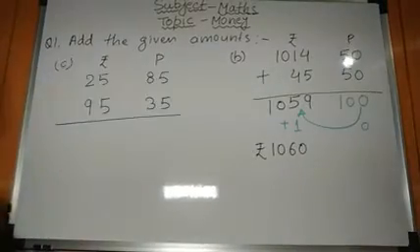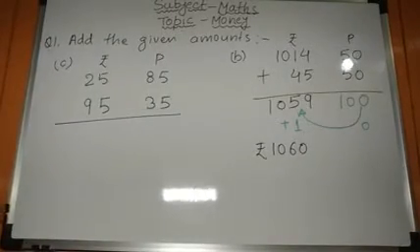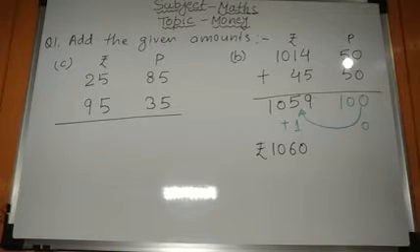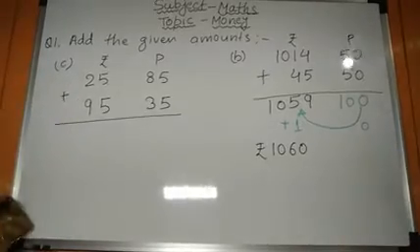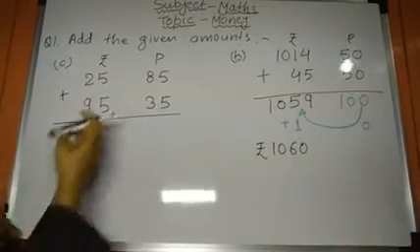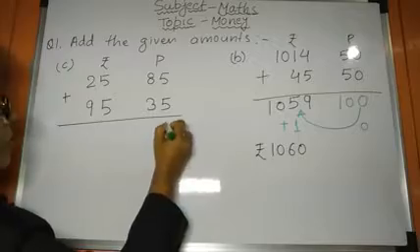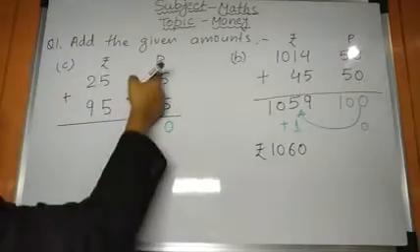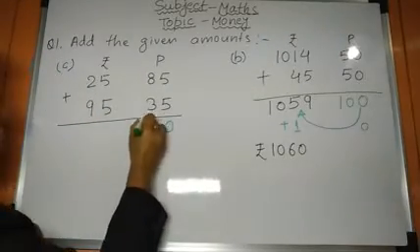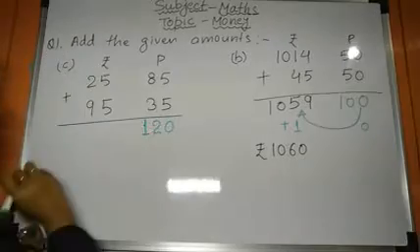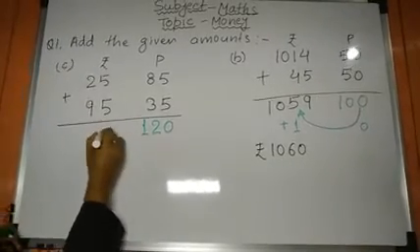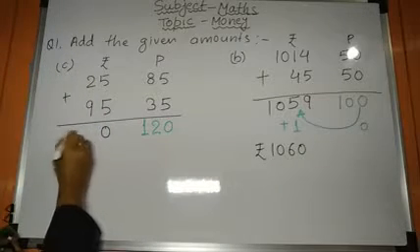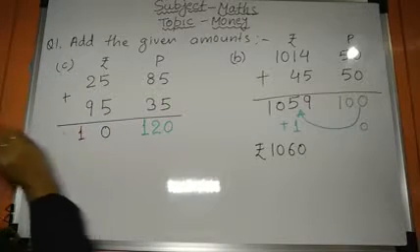Fine. Now the next example is 25 rupees 85 paise and 95 rupees 35 paise. We have to add it. First of all, we will add paise. 5 plus 5, 10, 1 carry, 8 plus 3, 11 plus 1, 12. So 120 paise. And rupees will be 5 plus 5, 10, 9 plus 2, 11 plus 1, 12.